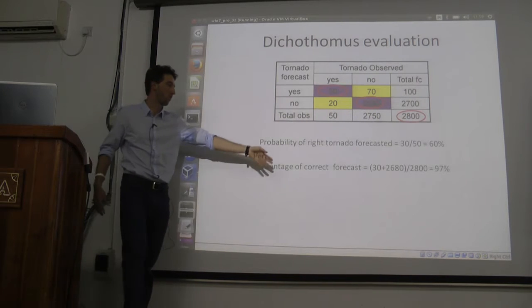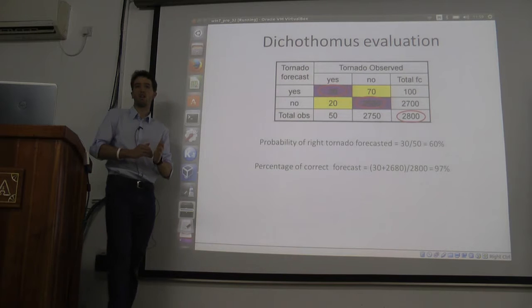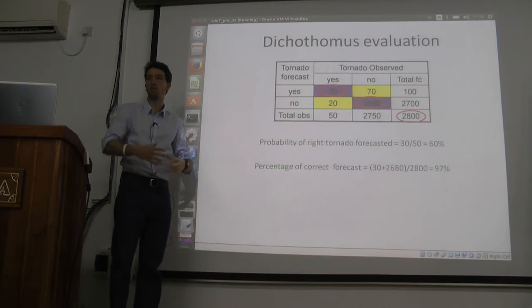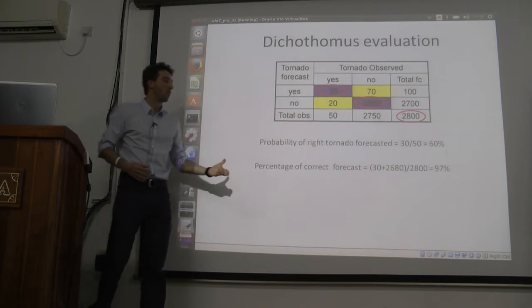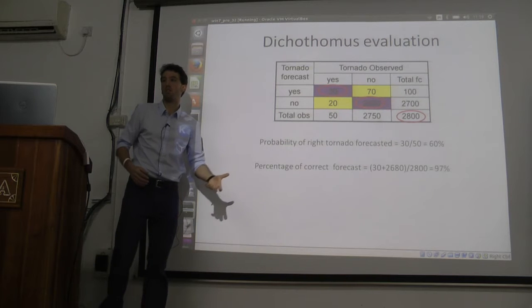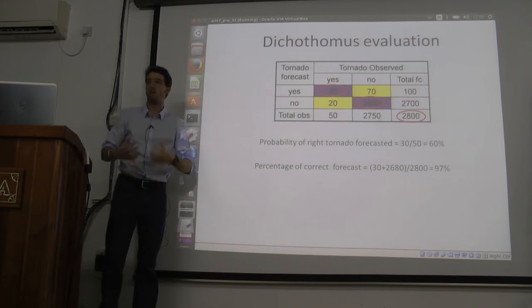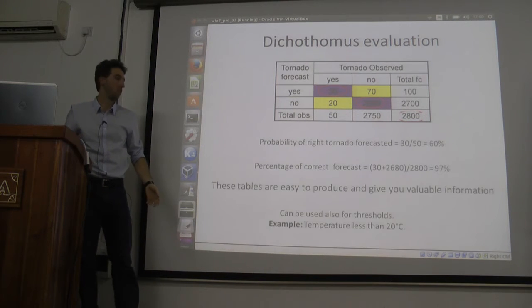The percentage of correct forecasts is 97%. So after 1 year working with that, you can create a simple table like this and get information to develop your hypothesis, for example, that my forecast is not forecasting tornadoes well, or other variables.